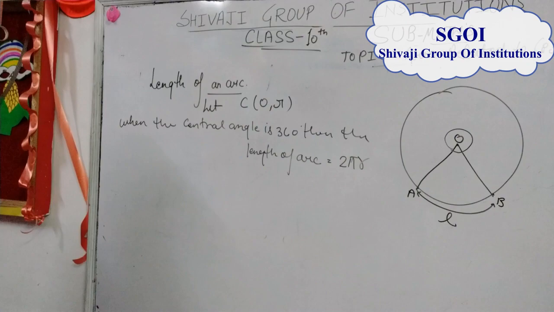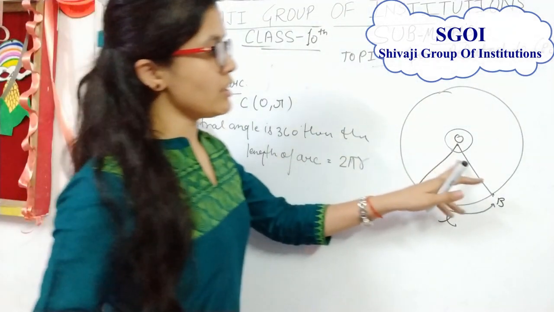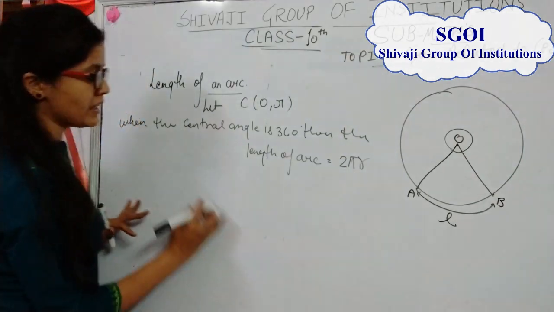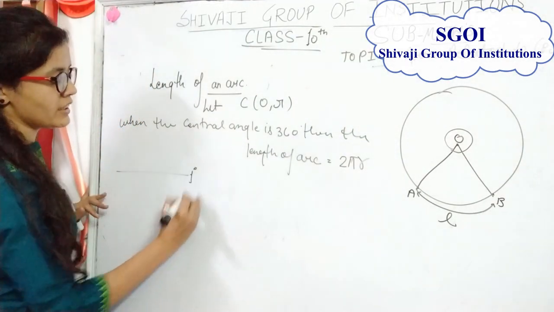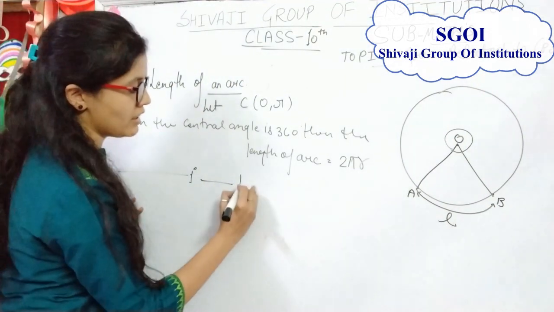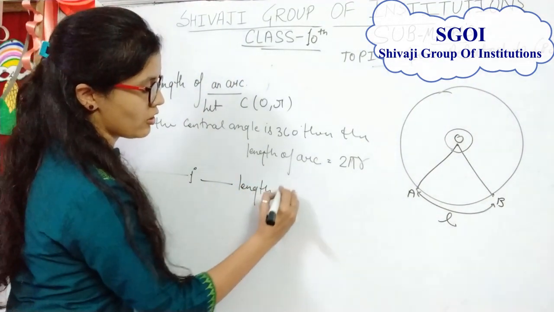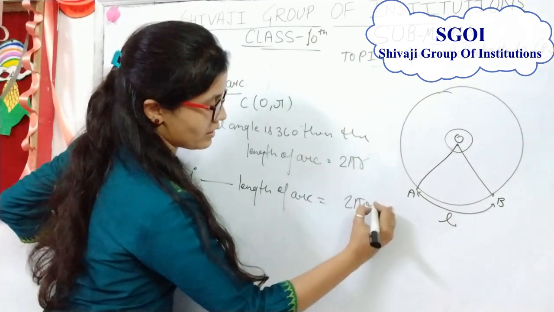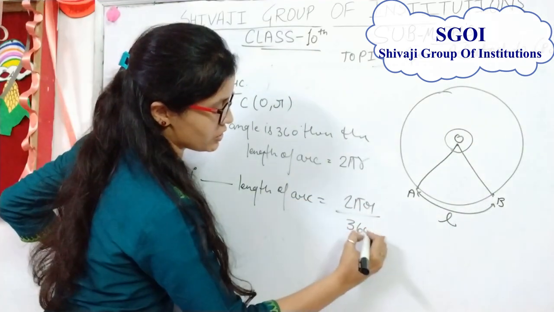Similarly, if the central angle is 1 degree, then the length of the arc is 2 pi r upon 360.